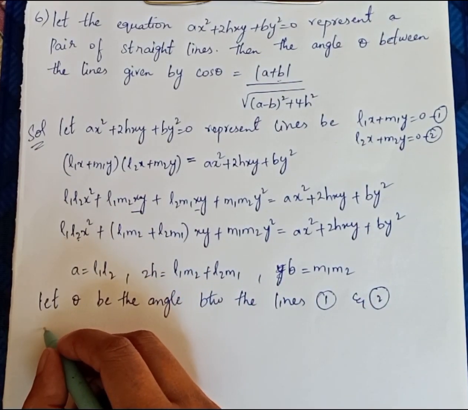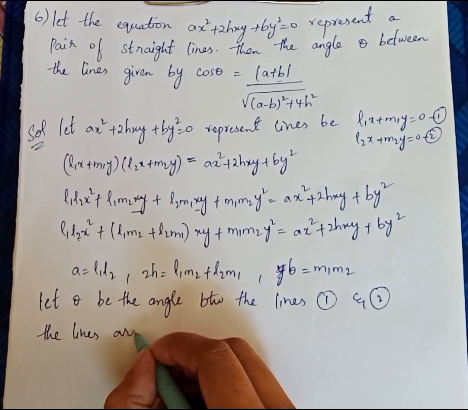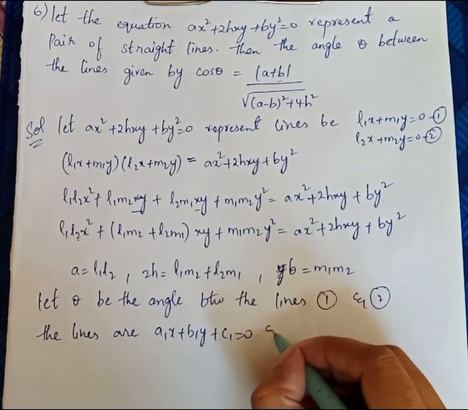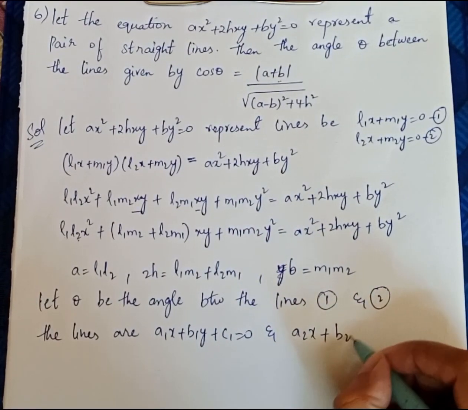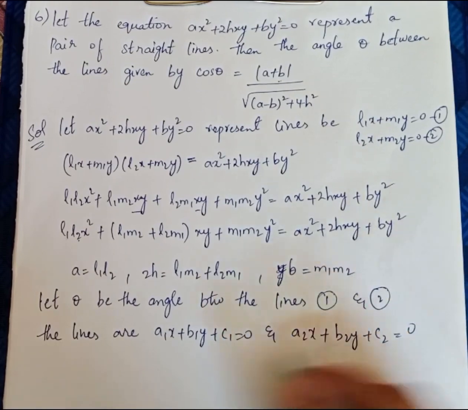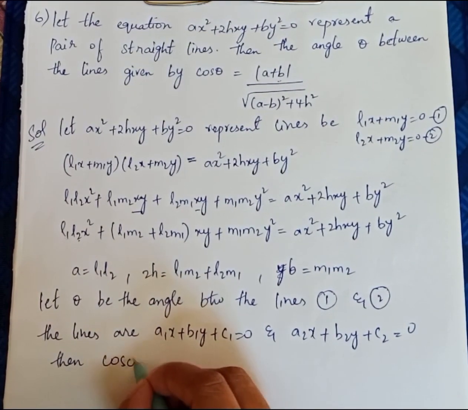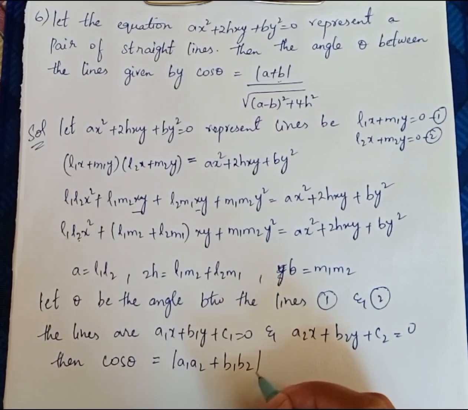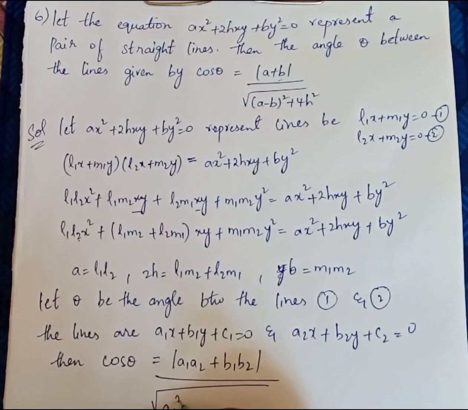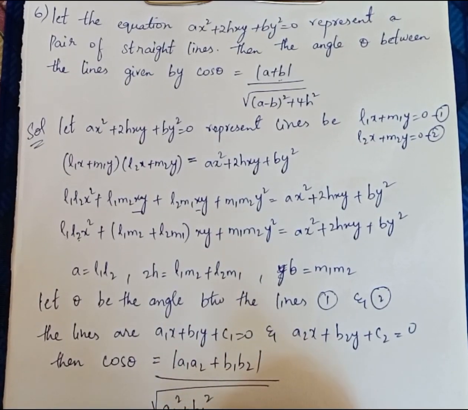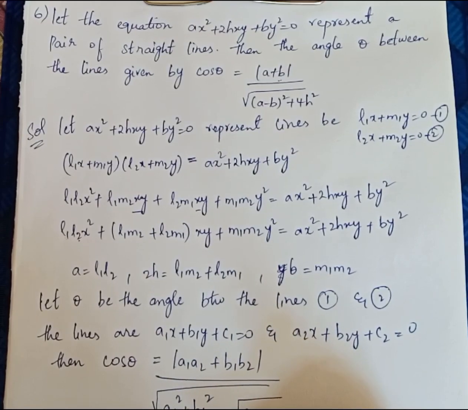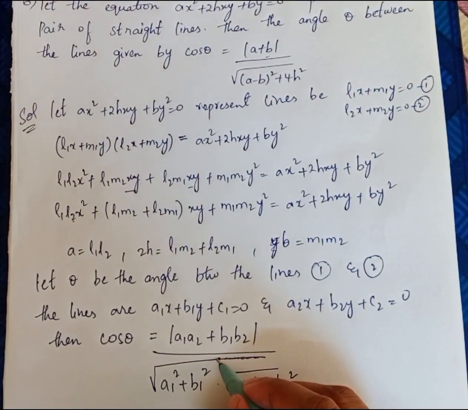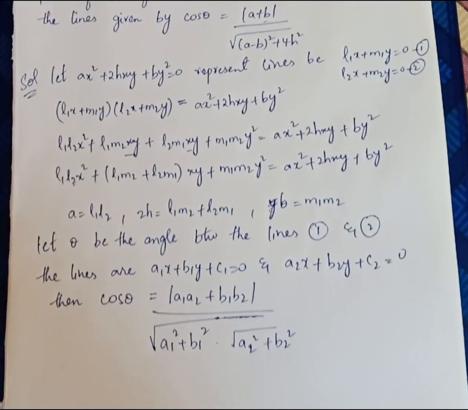If the lines are a1x + b1y + c1 = 0 and a2x + b2y + c2 = 0, then the angle between them is given by cos θ = |a1a2 + b1b2| / (√(a1² + b1²) · √(a2² + b2²)). So this is the formula.